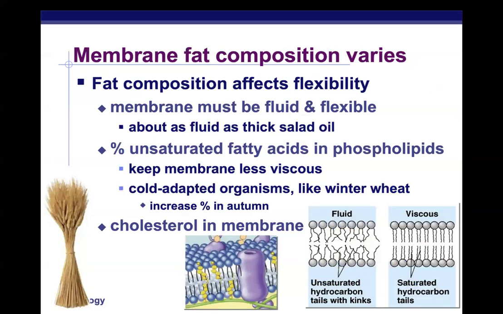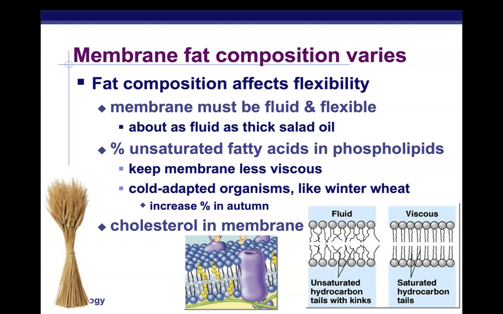The plasma membrane also behaves very differently depending on the predominant types of fatty acids that are part of the phospholipids. So membranes must be fluid and flexible. In general, they're about as fluid as thick salad oil.